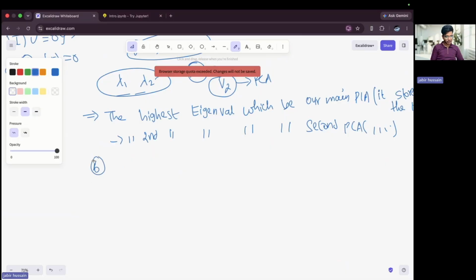step 6, I believe. Step 6 is to project the students' points onto the PCA lines.